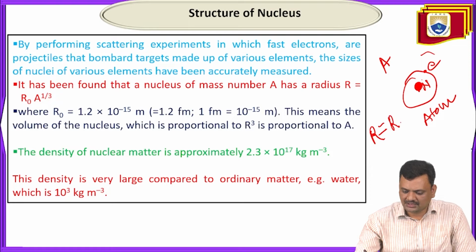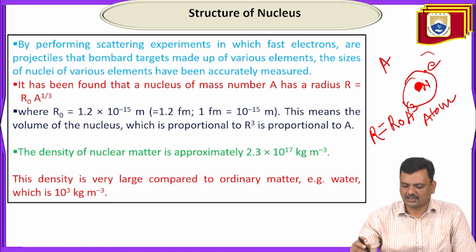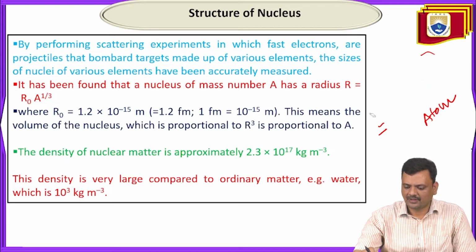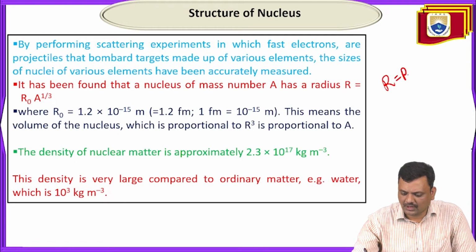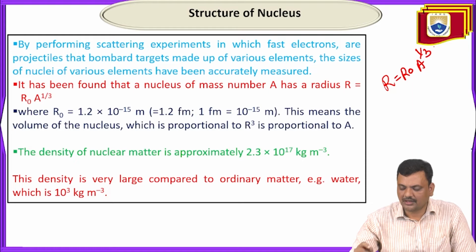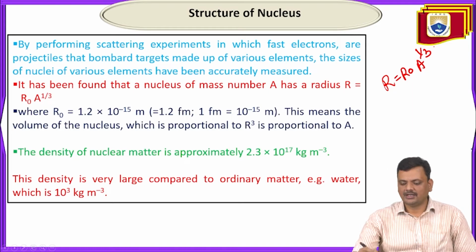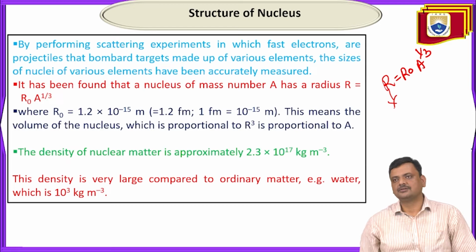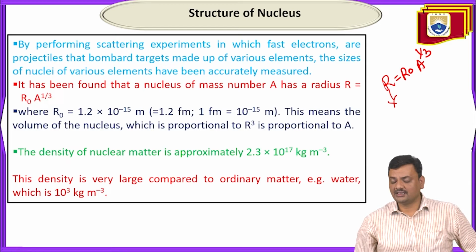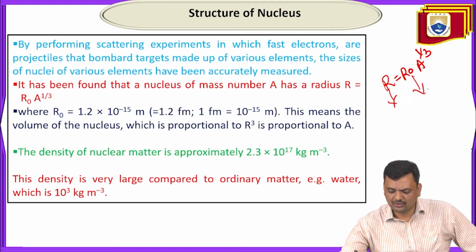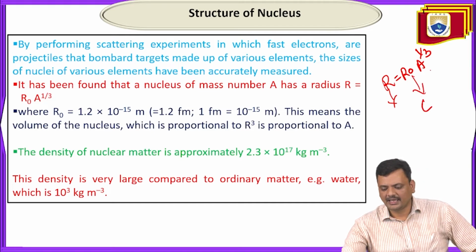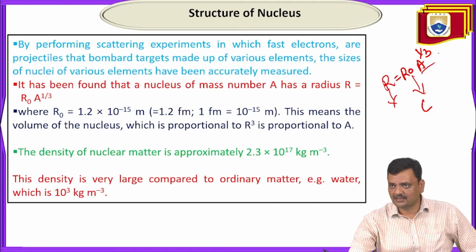R is represented by R = R0 A^(1/3). They developed the formula R = R0 A^(1/3), where R is the radius of the nucleus of that atom, R0 is a universal constant, and A is the mass number of the atom whose nucleus radius you want to find.